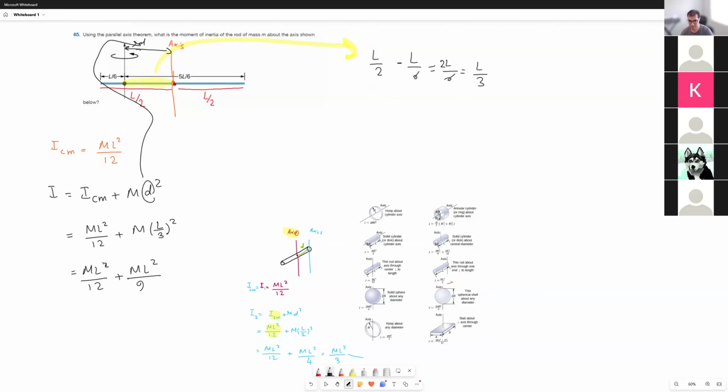Professor, do we have to use the diagram to find the mL squared over 12? Yes, you need to know that. The parallel axis theorem only works if you know the moment of inertia of the system about the axis of rotation that passes through the center of mass. You need to know that from a table. Do we also have to derive it? The stuff you wrote in blue, is that also included?